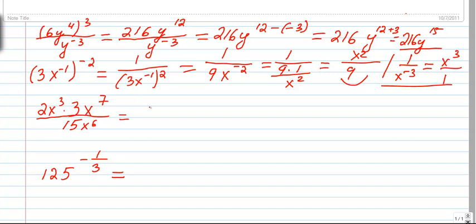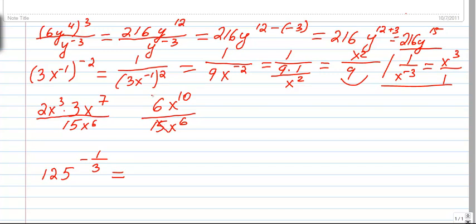The third example is kind of easy. In the numerator, we just multiply the coefficients 2 by 3, 6, and add the exponents according to the product rule. 3 plus 7 is 10. And then we just rewrite the denominator. 6 x to the 10th, we will rewrite.